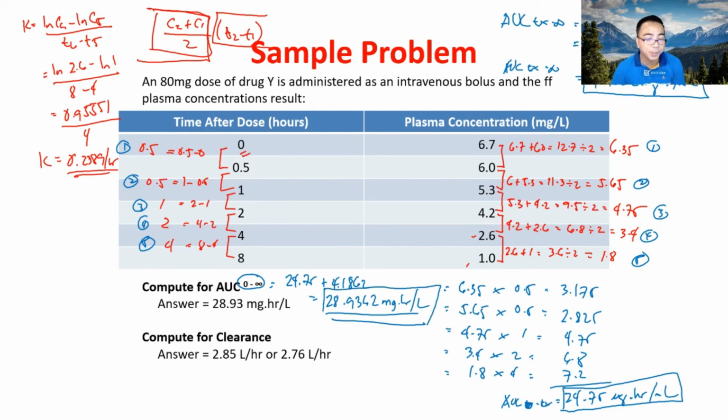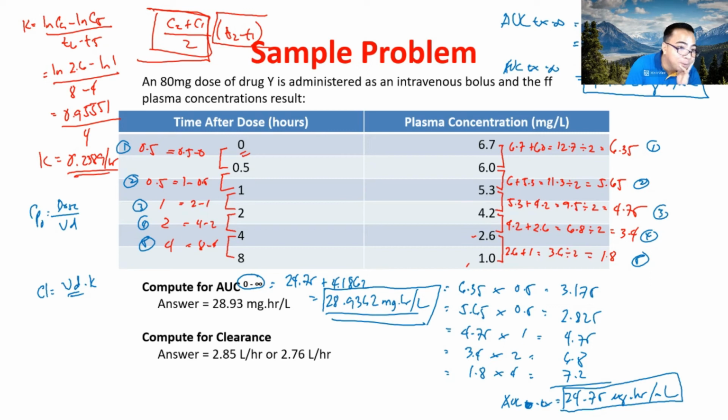Now, there's a bonus question. We're asked to compute for clearance. If you still remember, class, when we compute for clearance, which we discussed last meeting, clearance is simply VD times K. Here, we don't have the value for VD yet. So now comes the equation I usually use, which I told you not to forget: Cp sub 0 equals dose over VD.